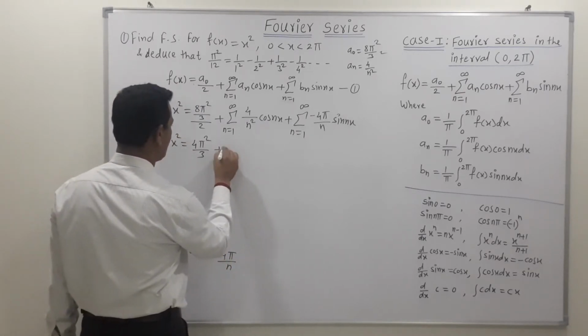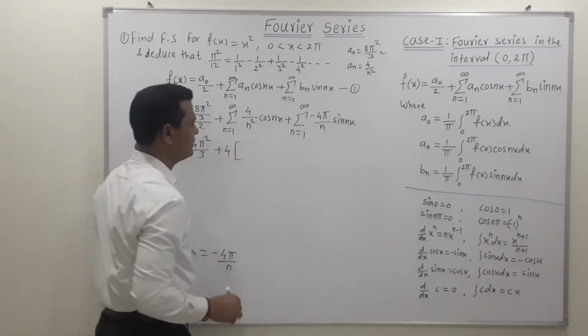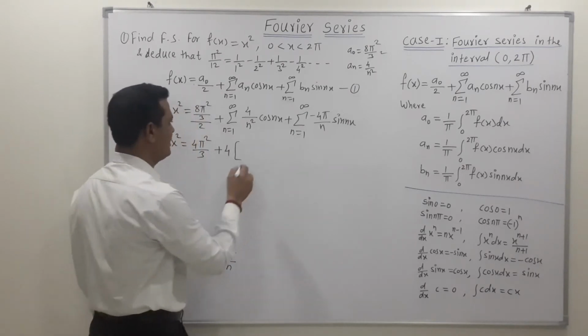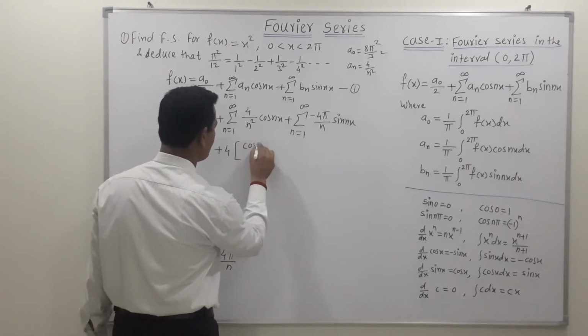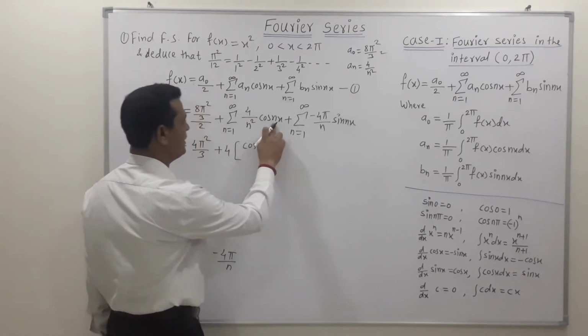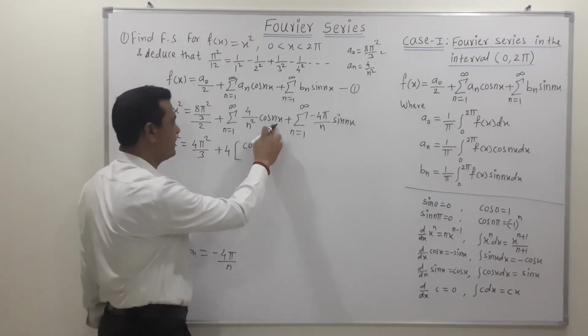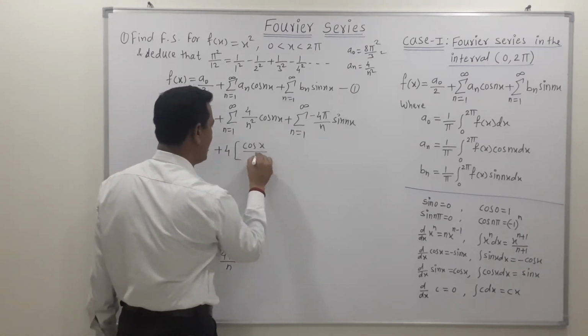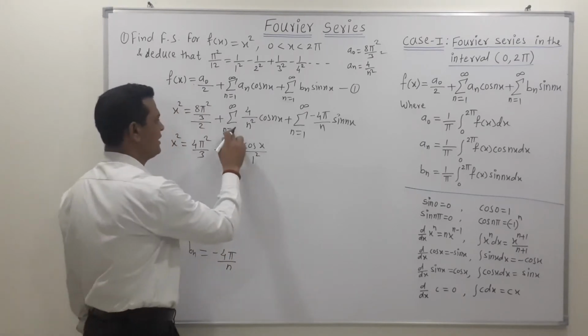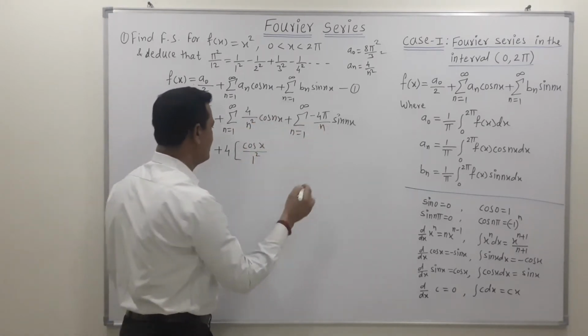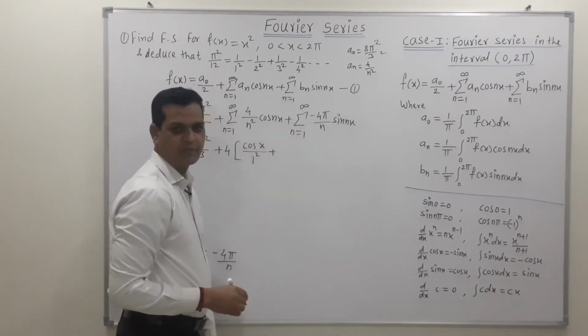Now plus, this 4 is constant, so we can take it outside the summation sign. Then the remaining term is cos of nx upon n square. If n is equal to 1, then we get 1 square. So put the value of n equal to 1, 2, 3, 4 and so on. We get cos of x upon 1 square.